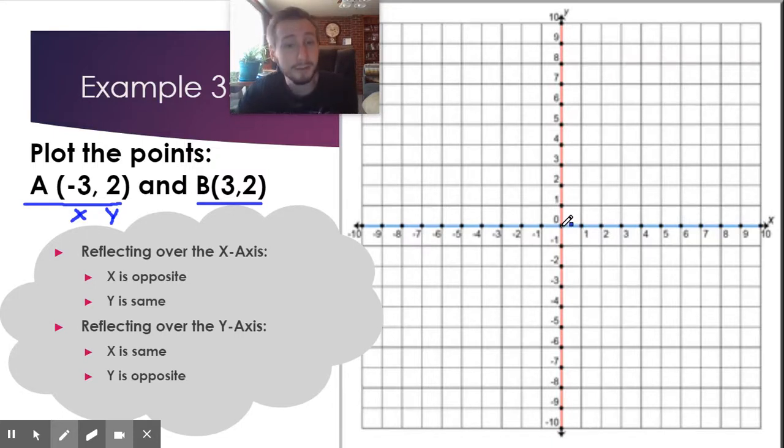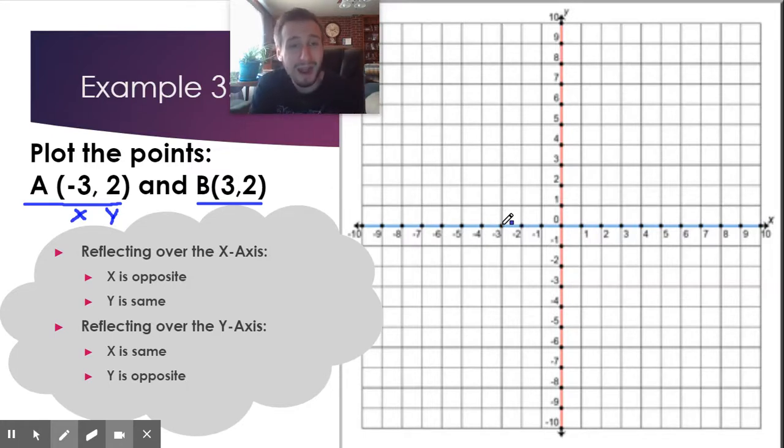-3. On a number line, your negatives are to the left. Things are reversed for me. So to the left. So I need to move 3 spaces to the left. Once, twice, 3 times. So I'm at x negative 3. Now I need to move up or down depending on my number on the y-axis.